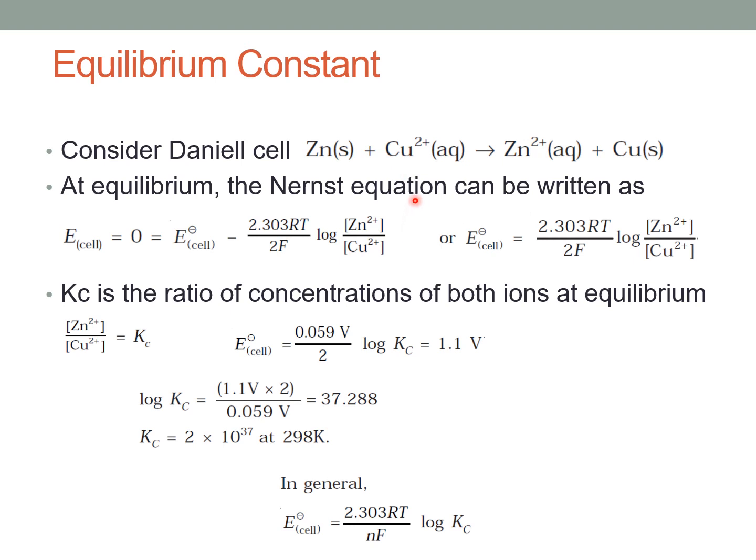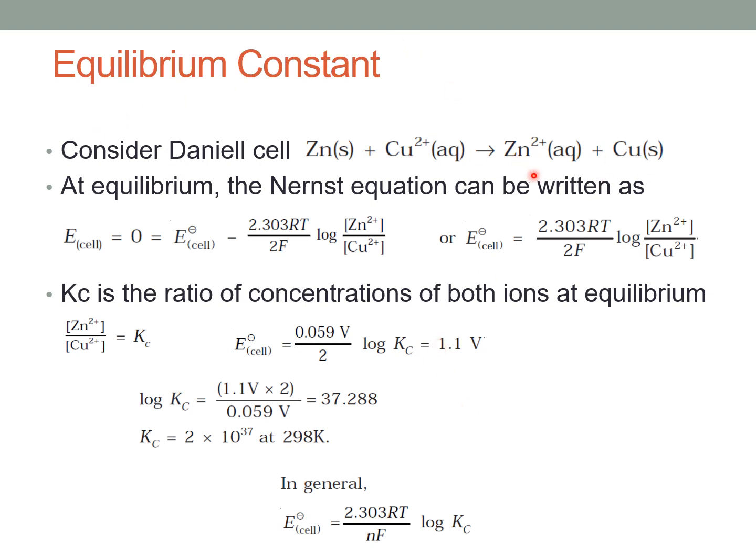That means at that point the forward and reverse reactions of zinc, zinc 2 plus, copper 2 plus, copper will be equal. There will not be any further reaction. That point is called equilibrium. So now at this equilibrium, we need to calculate the Kc, that is the equilibrium constant.